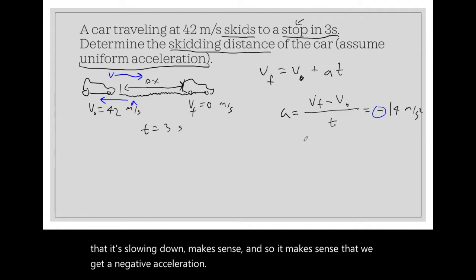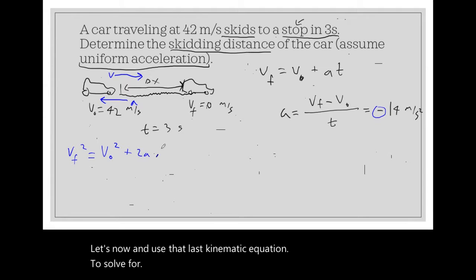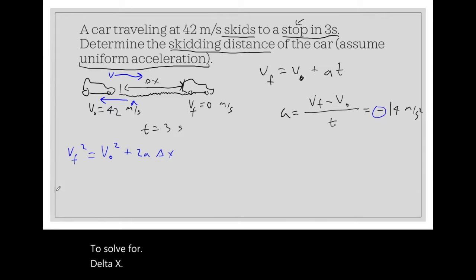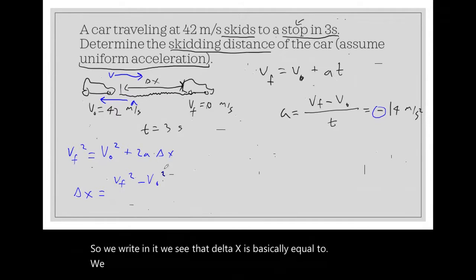All right. So now let's use that last kinematic equation, this one, to solve for delta x. We write that delta x is equal to v final squared minus v initial squared divided by 2a.